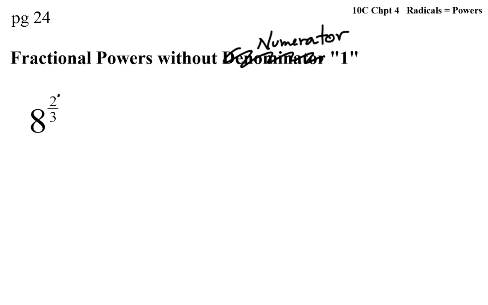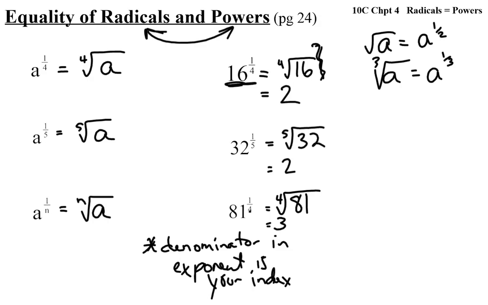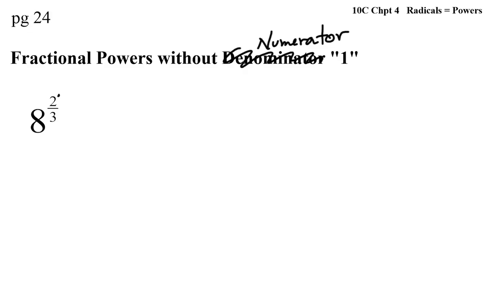What did we just write down on the previous screen? We just identified the denominator is your index. The denominator here, the square root of a, well, it's an assumed 2 there. That's our index. So that's what's going to help us. What's important here, again, is an exponent that is a fraction.